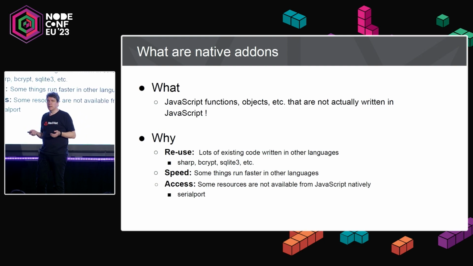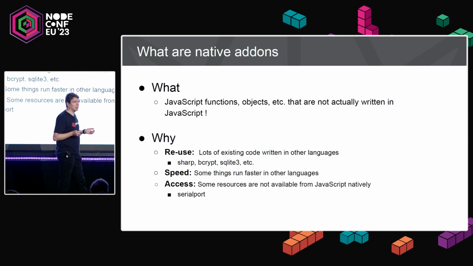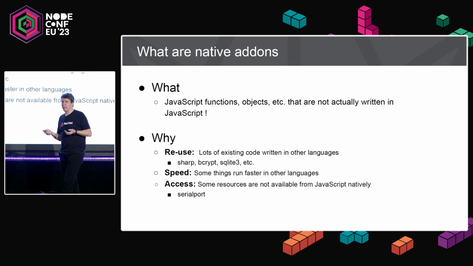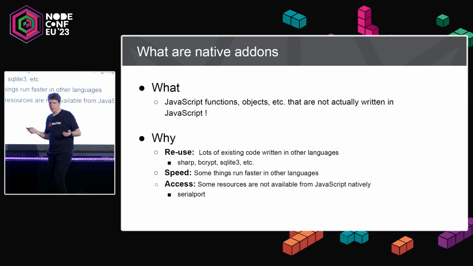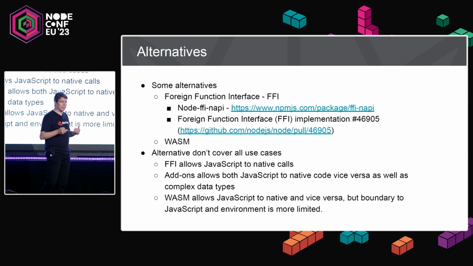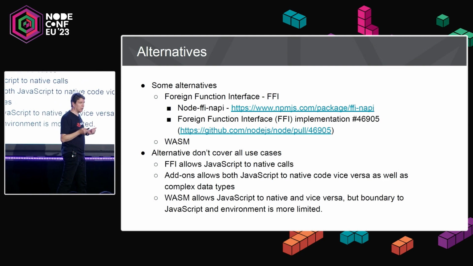And then finally, there are some things you can't do in JavaScript because Node or the JavaScript engine hasn't exposed those. For example, if I want to access my serial port, there may be no way to interact with that serial port except dropping down to some native code. And so that's one of the cases why we want to use add-ons. So those are some of the reasons why you want to use native add-ons, or at least reasons why you want to interact with native code.